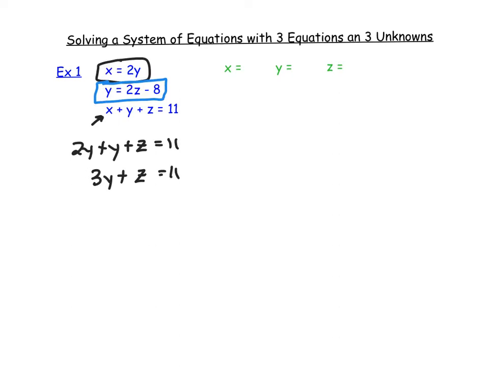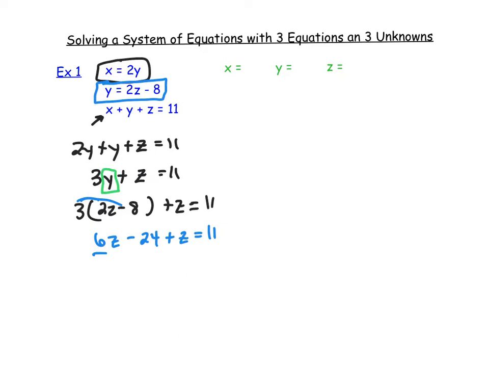But now what I was getting at was that we know y is 2z minus 8. So if I replace that y, it'd be 3 times y plus z equals 11, and that is 3 times 2z minus 8 plus z. So I distribute that 3 in, and I've got 6z minus 24 plus z equals 11.